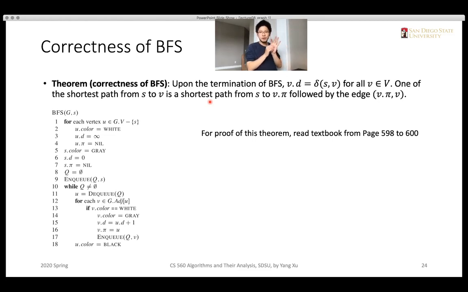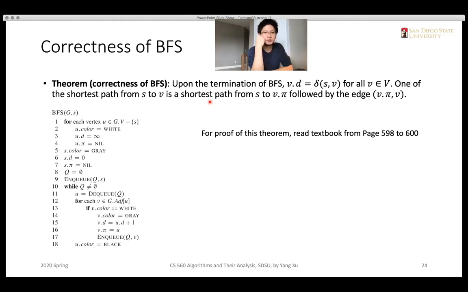Once you know the parent of V, you can get the shortest path by appending the edge from the parent of V to V to the shortest path to the parent of V, so that you get the shortest path from S to V. It may be a bit lengthy in language, but it's a quite straightforward relationship.